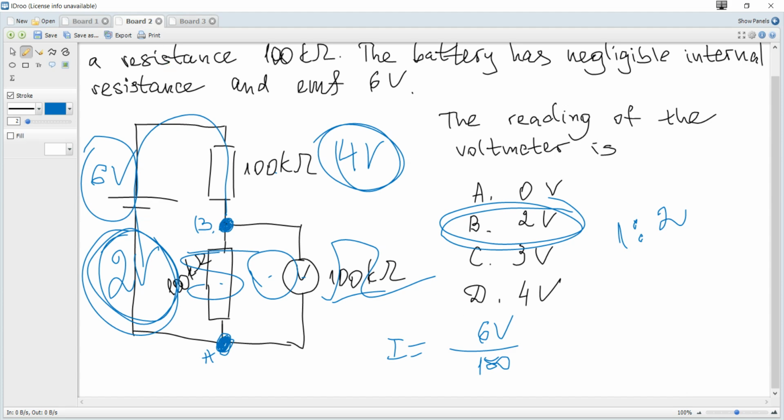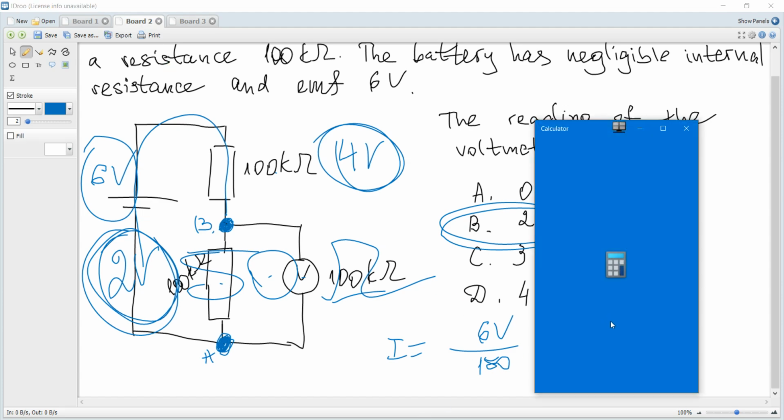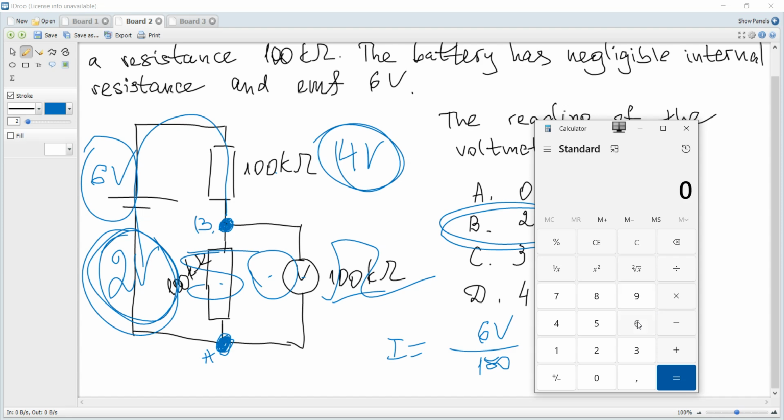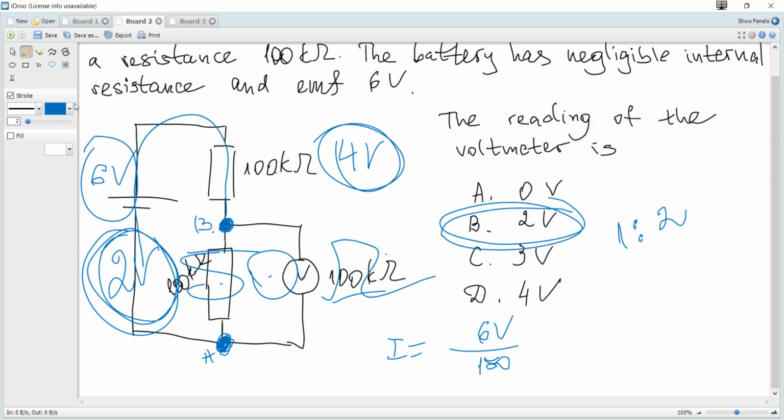Let me calculate to be more clear. 6 divided by 150, it's 0.04. So its current 0.04, it's here. And this 0.04 is equal to the sum of current through this and current through this. For this particular problem, it's clear that it will be 0.02, 0.02, but it's because equal resistances.